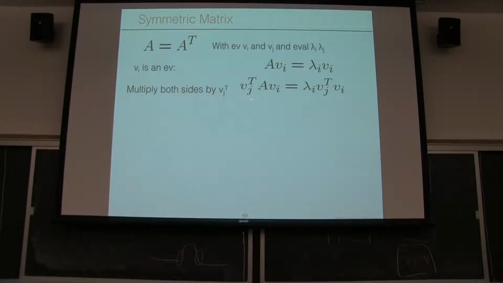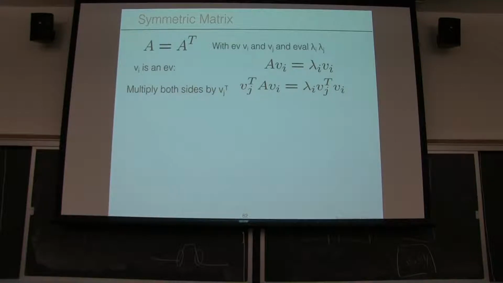So let's look at this product over here. Okay? How much is that product? Lambda Vj. Why? Right, so A and A transpose are the same, so I can replace A by A transpose.